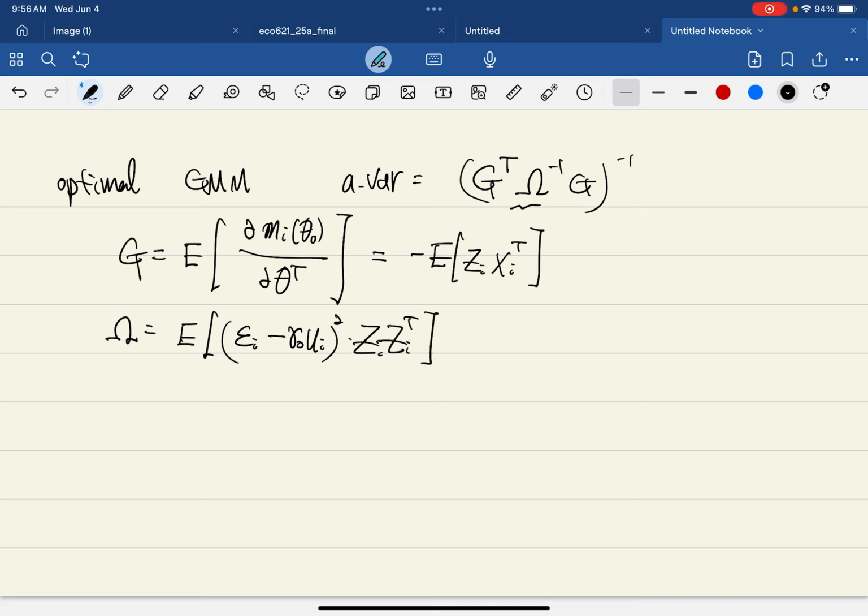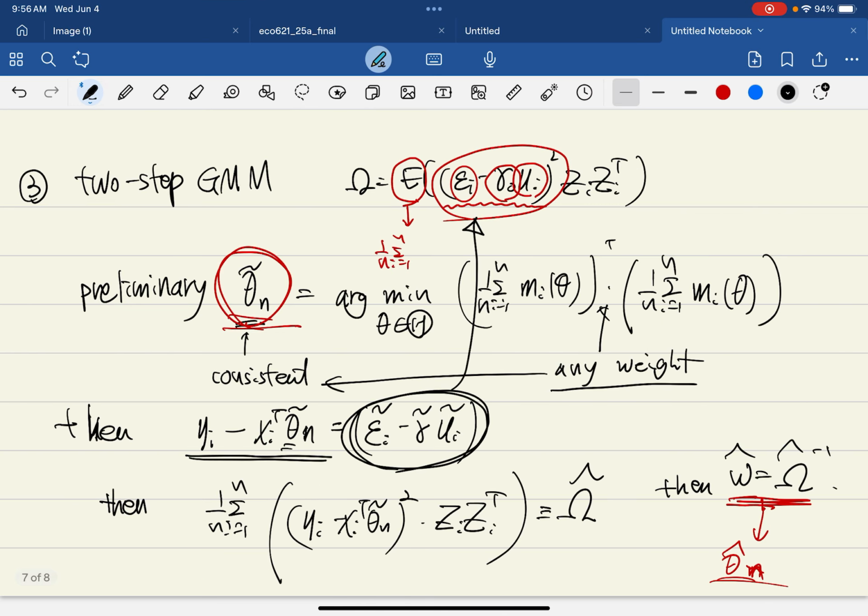Now we just need to calculate it. These are the theoretical results, but in practice the problem is these expectations. But it is easy, we just replace expectation with sample average. Another problem is that this error term is unobserved, but that is not a problem. We are going to use the same idea as this one.